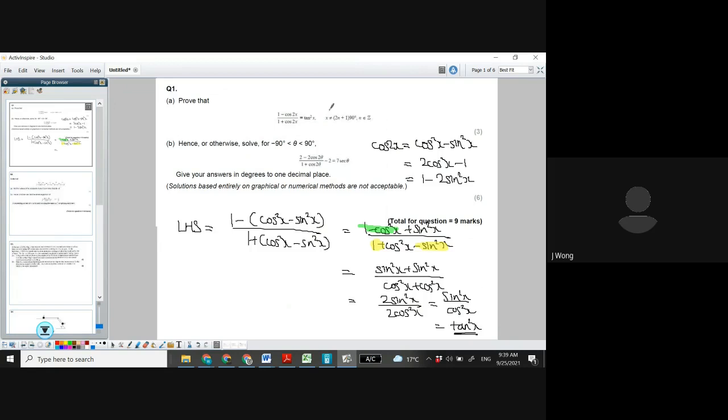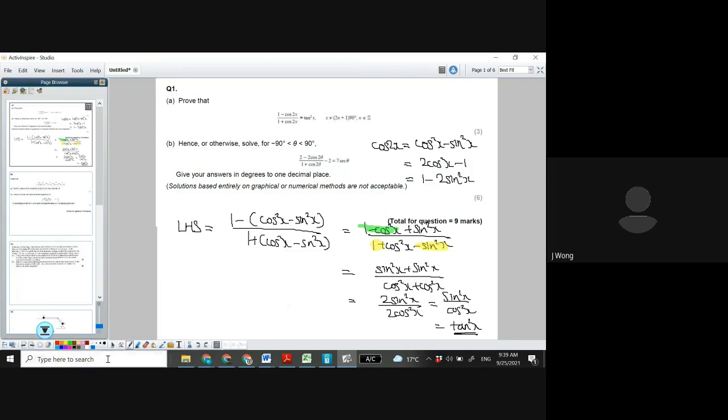Now, notice that on the right-hand side, we got this expression here. I'll walk you through what that means, but you could see that it will not impact how I show this identity. So they say x not equal to bracket 2n plus 1 multiplied by 90, okay?